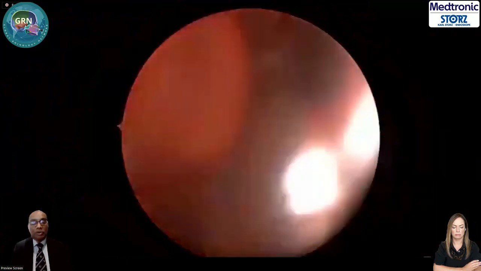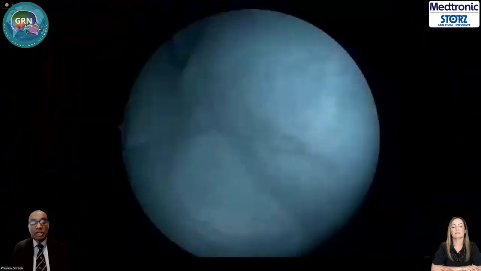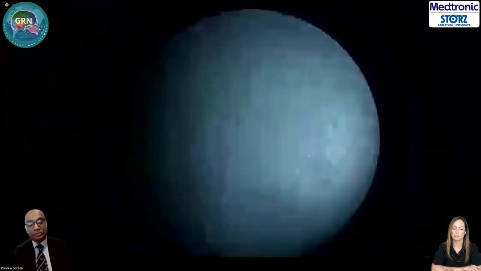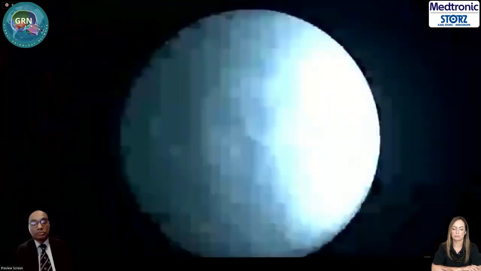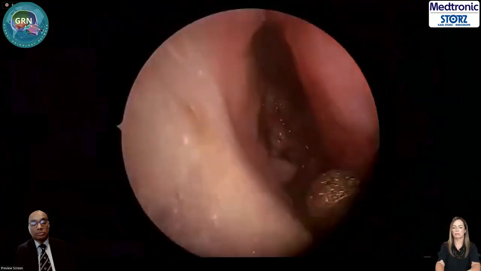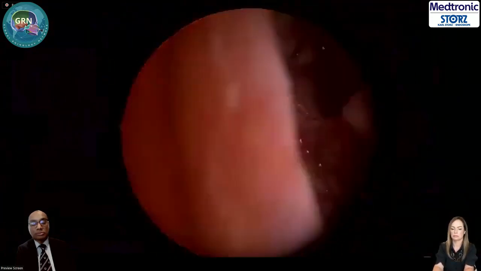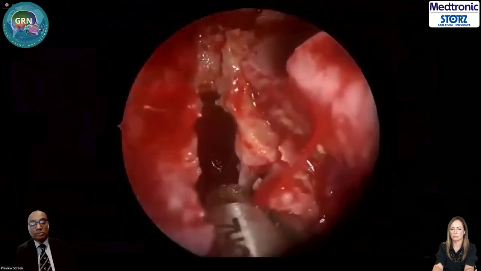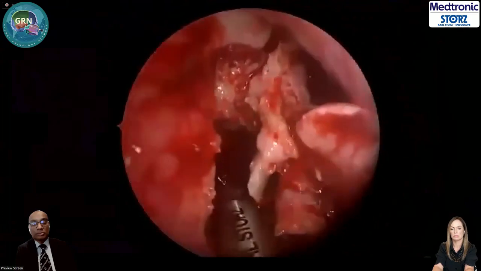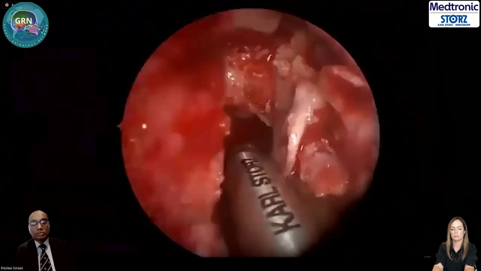So, Prof, at what stage do you consider converting this into a traditional medial maxillectomy and not the prelacrimal? So, in this case, the prelacrimal is a little bit too much.